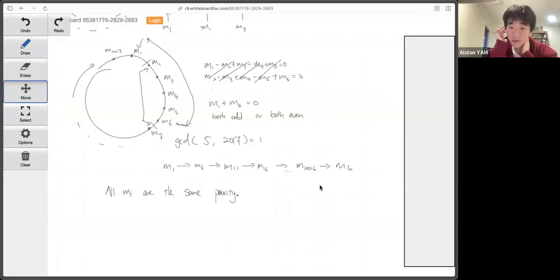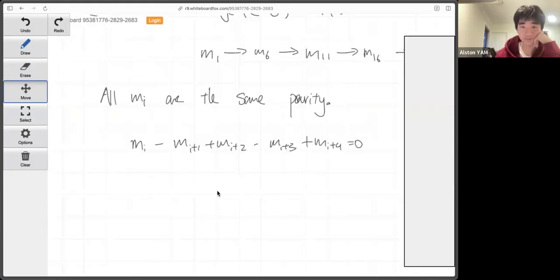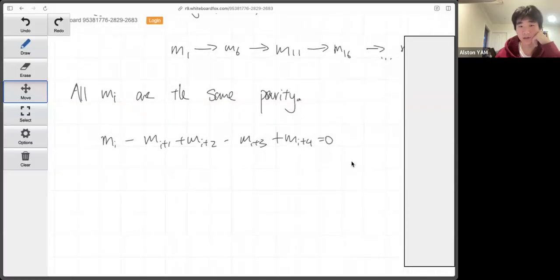Okay, so now if all of the Mi are the same parity, we can go back to our original condition, and that is Mi minus Mi plus 1 plus Mi plus 2 minus Mi plus 3 plus Mi plus 4 equal to 0. That is our condition, and we can pick i to be whatever index we want. And the additional condition is that all of these M's are the same parity.